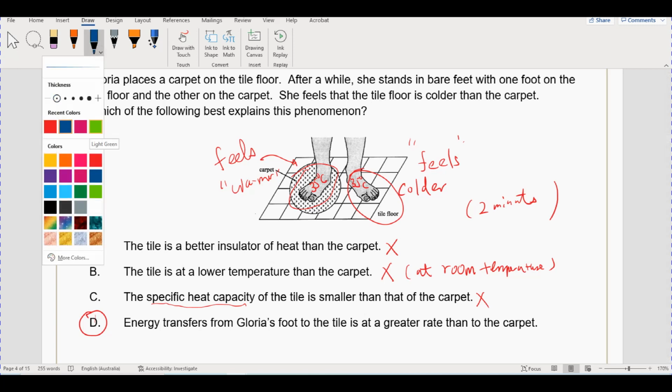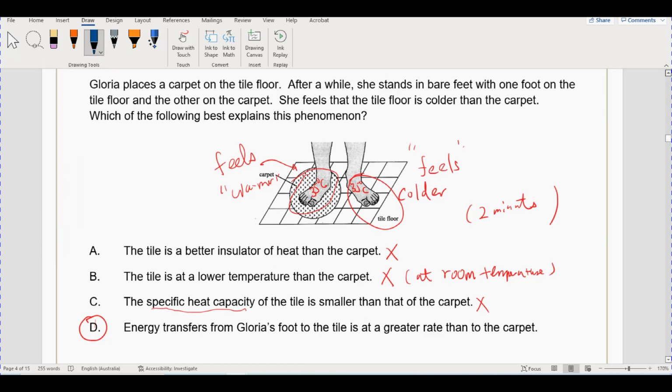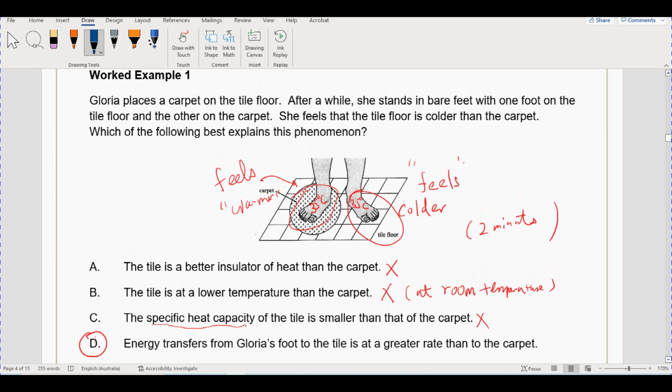The tail should be at a lower temperature. Let's say it's wintertime, so possibly only 15 degrees for the carpet and also 15 degrees for the tail. So the problem is that there's a temperature difference between the 35 degrees and the 15 degrees of the tail and the carpet.